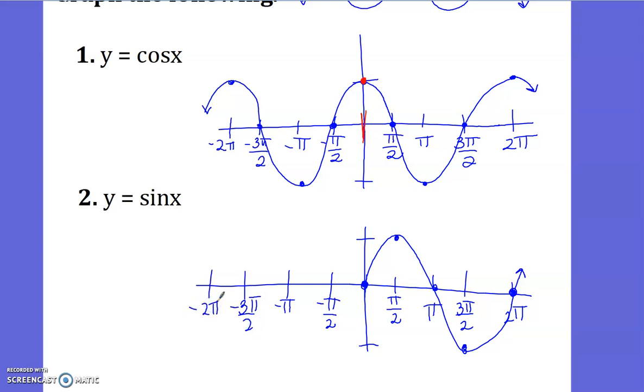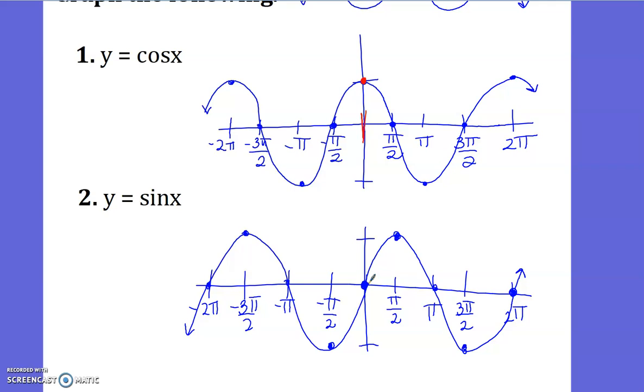So if I look at this, we ended in the middle, but I was at the top here. So we were top, middle, now I have to be at the bottom, middle, top, middle. There we go. Okay, so there are the parent functions we're going to be working with.